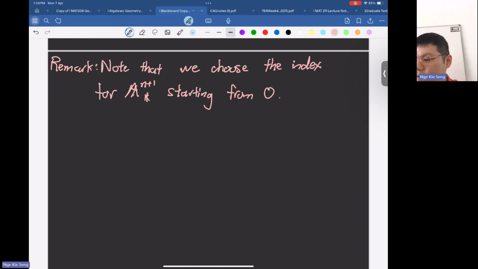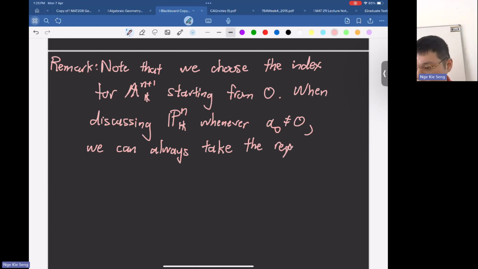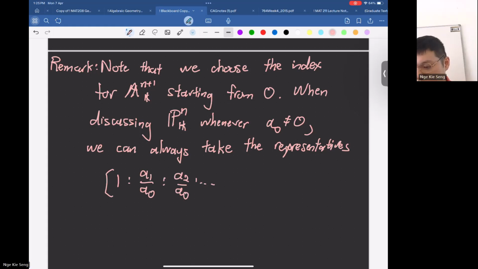For example, when we discuss P and K, whenever A0 is non-zero, we can always pick a nicer representative: 1 colon A1 over A0 colon A2 over A0, and so on up to An over A0.